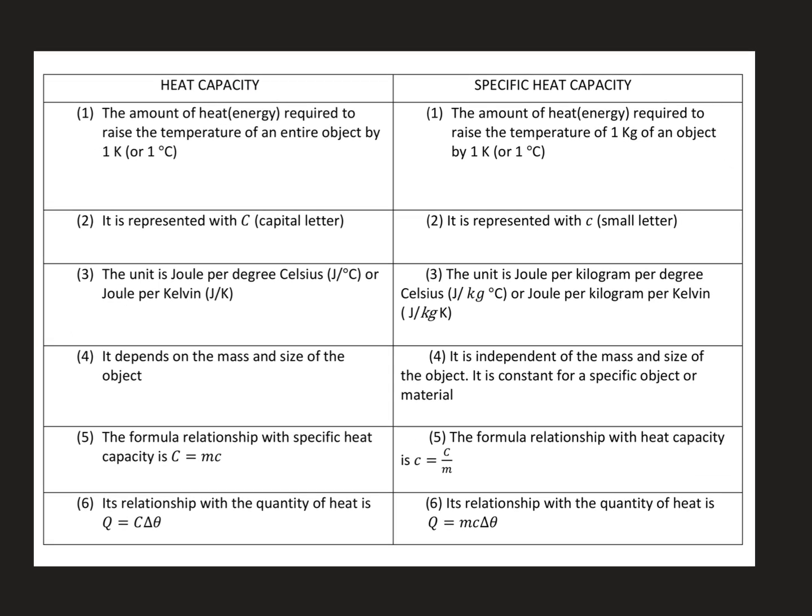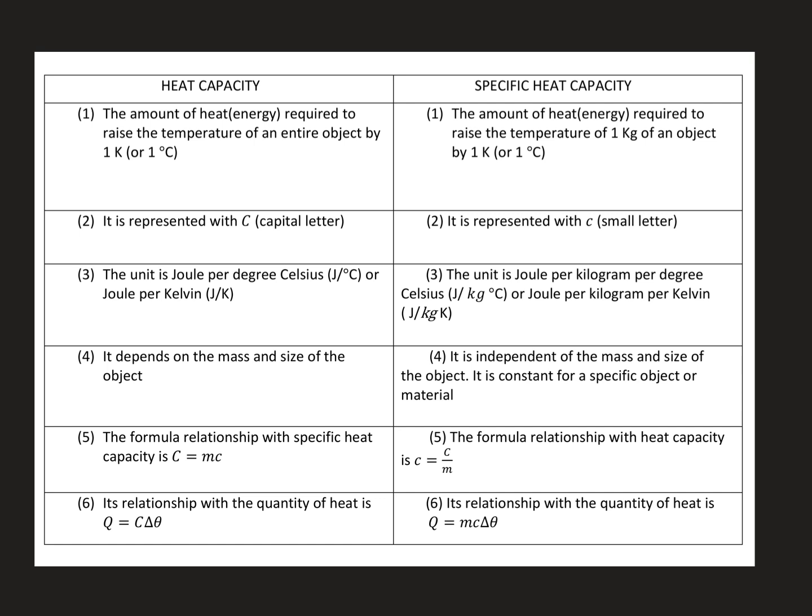So what are the key differences that we have to know? Coming to the differences between heat capacity and specific heat capacity, we said that the heat capacity is the amount of energy required to raise the temperature of an entire object by 1 Kelvin or 1 degree Celsius.